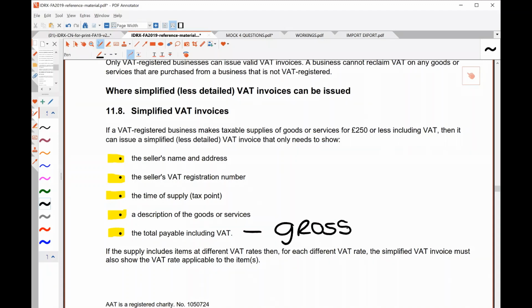Okay, so if the supply includes items at different VAT rates, then for each different VAT rate, the simplified VAT invoice must also show the VAT rate that is applicable to the different items. What does it mean by that, VAT rate? What could there be? What's the normal?